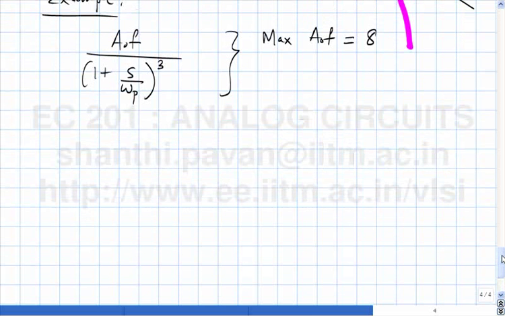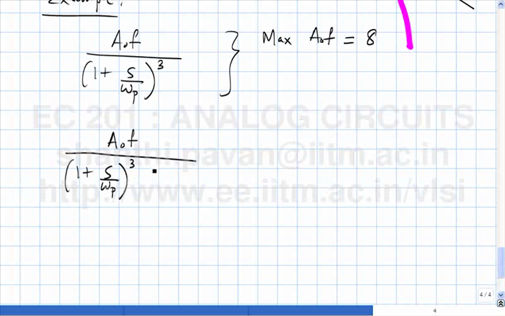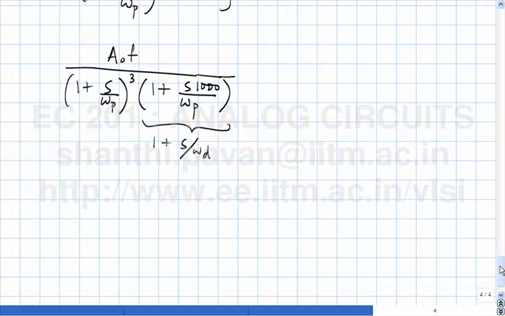Now let's try and introduce another pole at a frequency, say, omega P by 1000. This is the factor 1 plus S by omega D. And let's see what the maximum A naught F is which you can now tolerate before the system becomes unstable. Hopefully we should definitely try to improve on 8, isn't it?